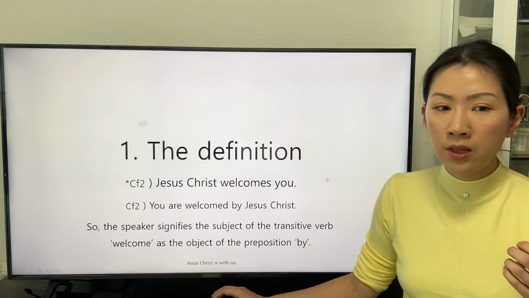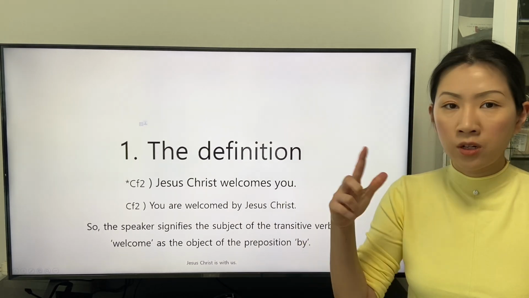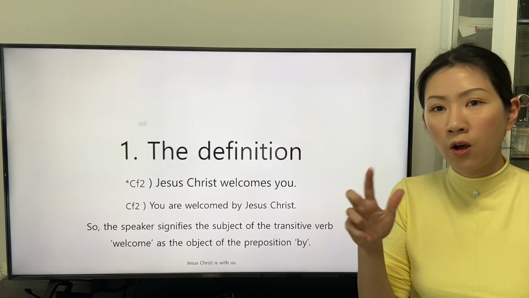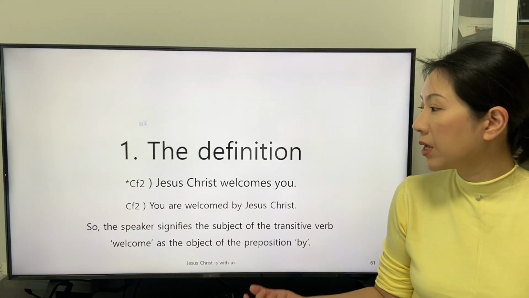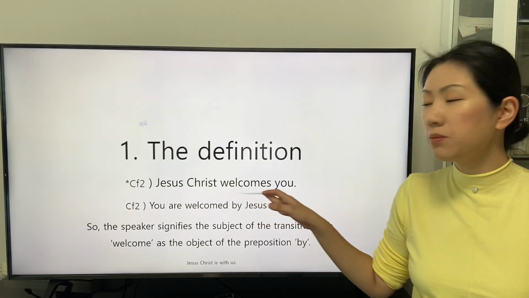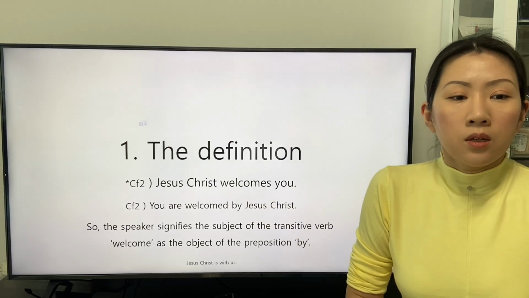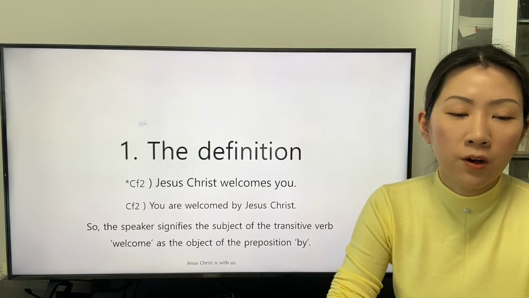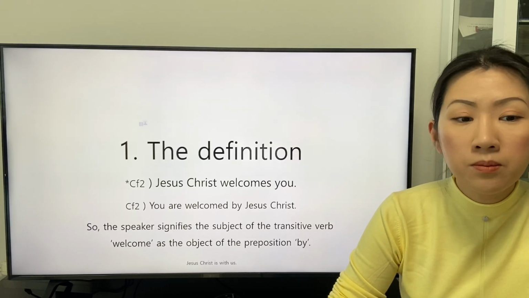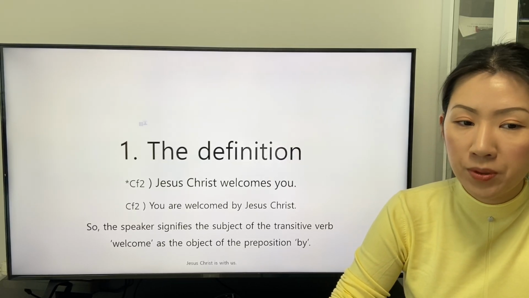So we can think of the clause stated in the active voice of the speaker in this way. Jesus Christ welcomes you. So the speaker signifies the subject of the transitive verb welcome as the object of the preposition by.